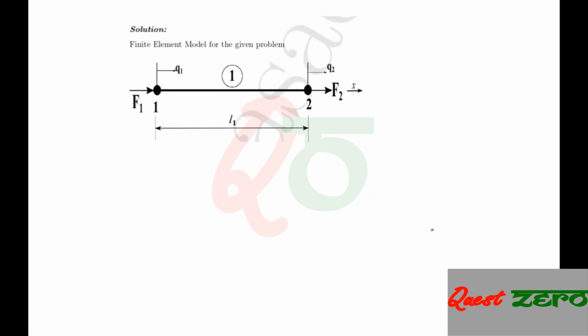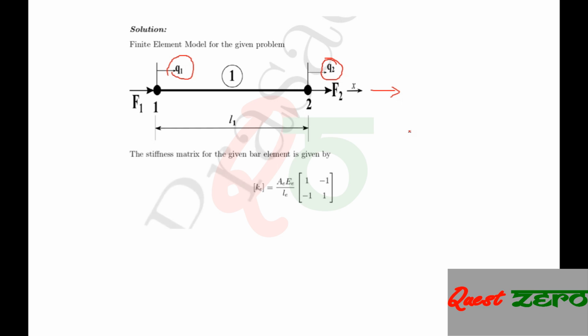So this is the finite element model, and again we will represent the displacement at node 1 as Q1 and displacement at node 2 as Q2, and we assume the x direction of displacement to be the normal right side direction.